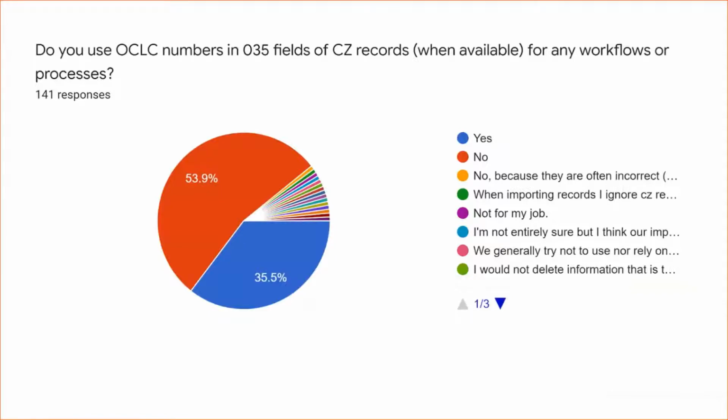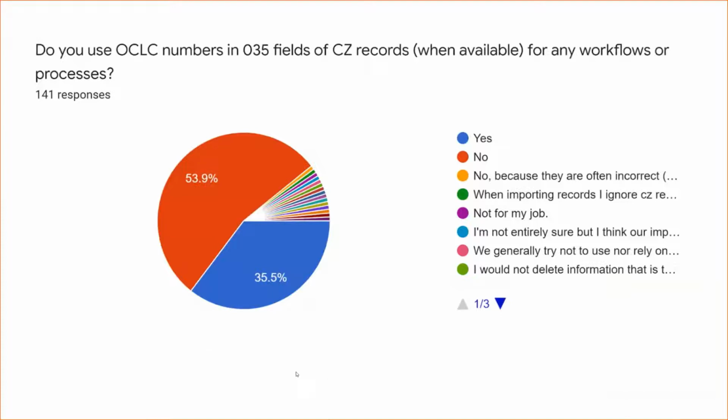But when those 035s with OCLC numbers are present, we wanted to know if any institutions were using those for workflows or processes. Just over half, about 54%, said no, that they do not use those. It's actually a little more than that because there were free text responses here that also amounted to no. But there were about 35% who said that yes, they do use those OCLC numbers for something.